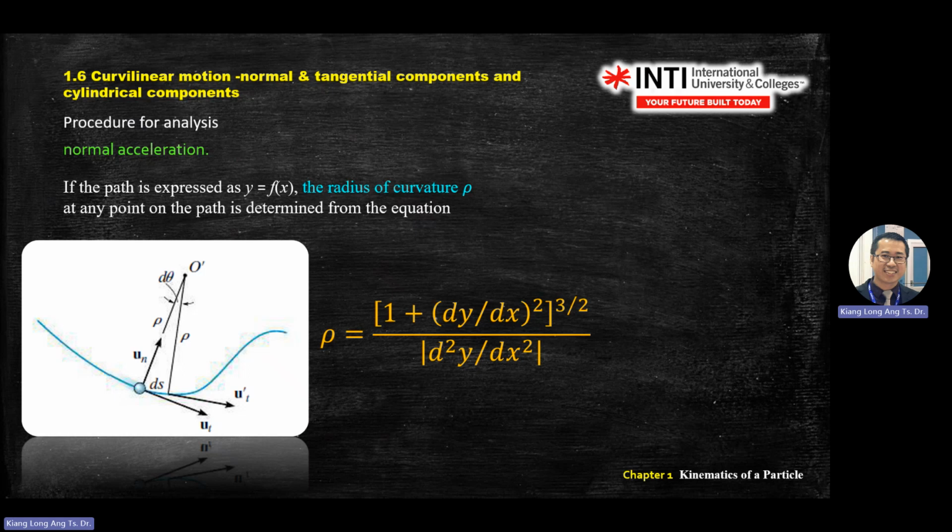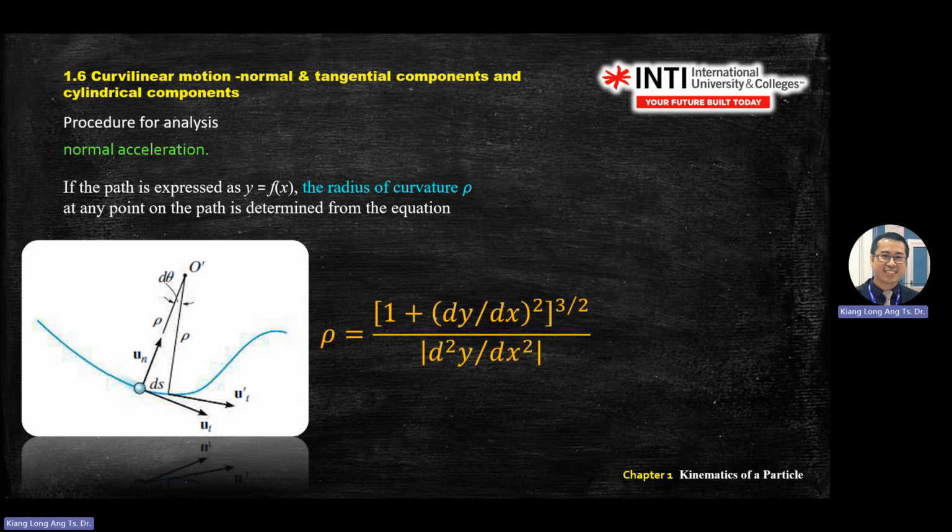Okay, how do you apply this one? This one is dy/dx. You will be given the curve equation, y equals 3x squared plus 4, let's say. To find the radius of the curve, you apply that formula.